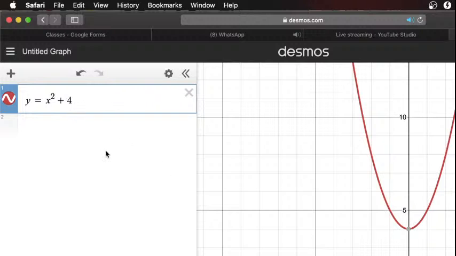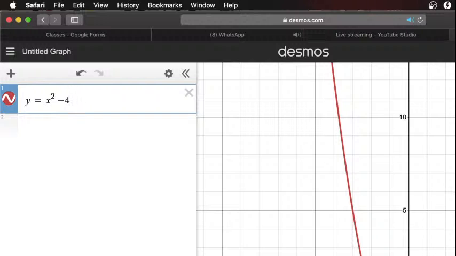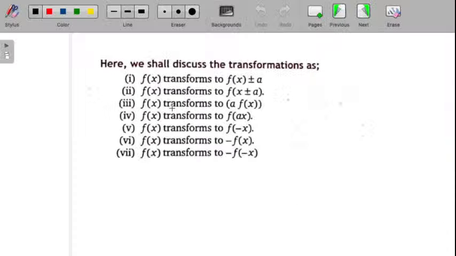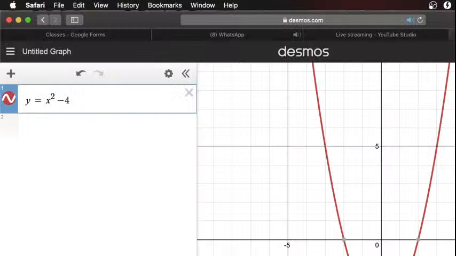Similarly, if I have y equals x square minus 4, we would notice that the graph would have gone down by the same 4 units. So whenever I have a transformation like f of x plus or minus a, the same graph would just shift up or down. This is known as the translation of the graph.